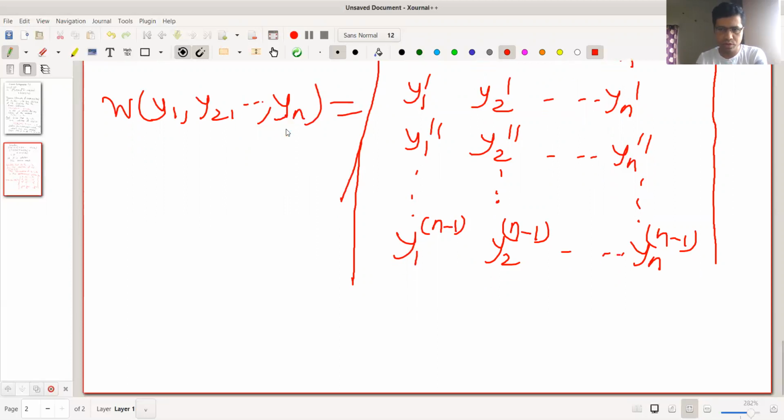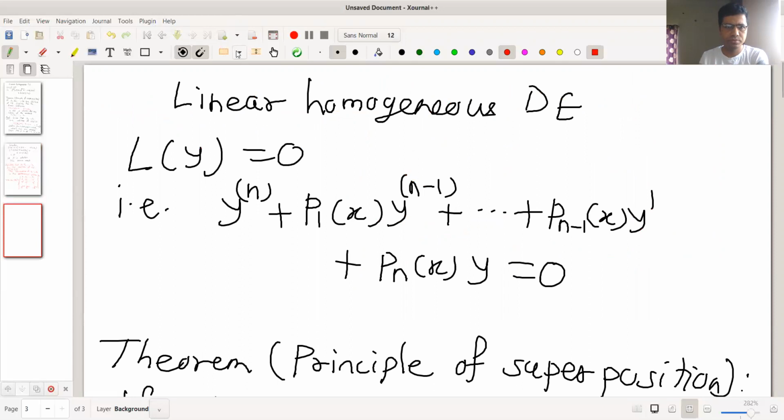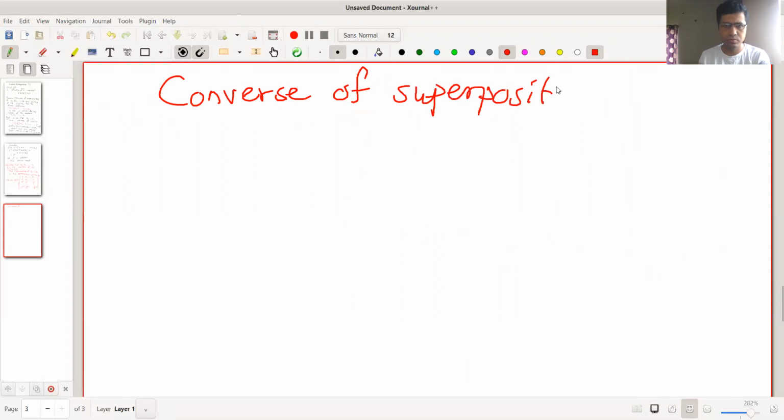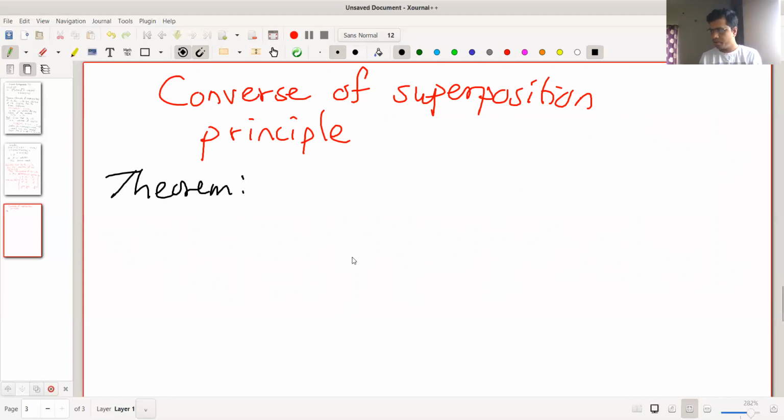Now we are ready to see the converse of the superposition principle. So the result is, there are three conditions.